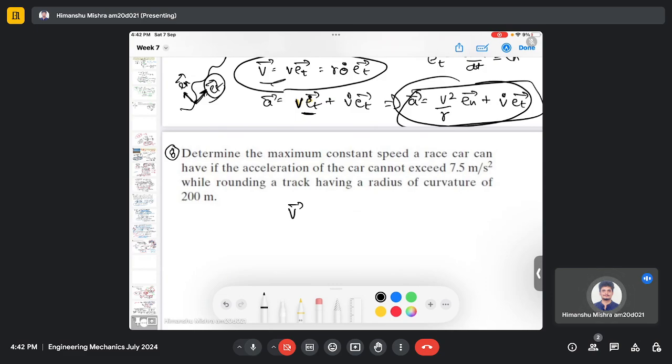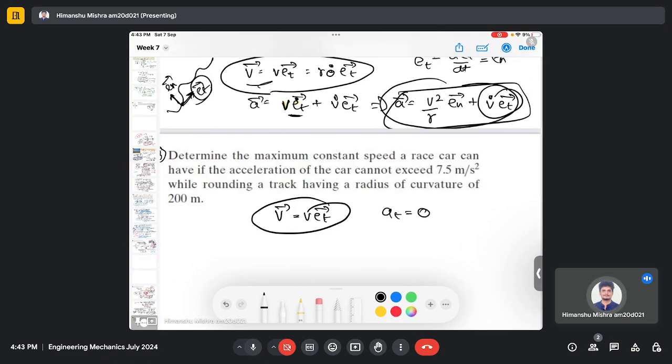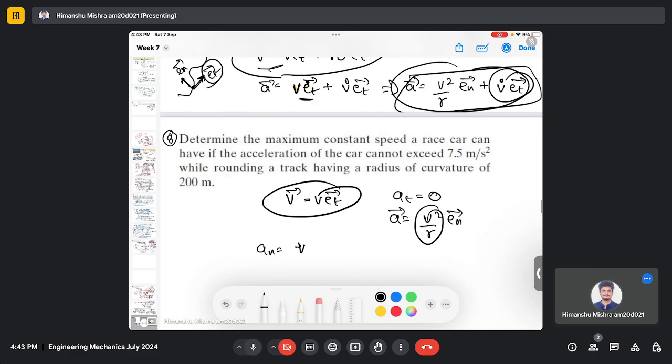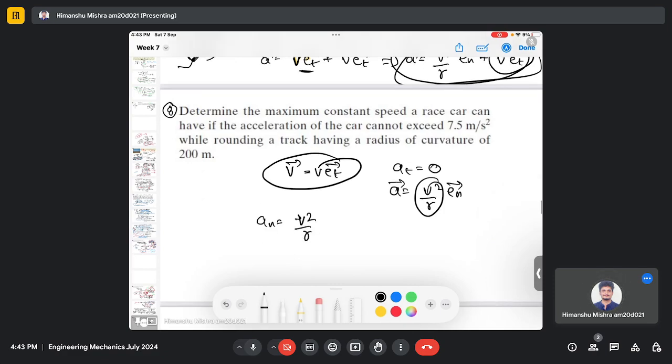my velocity vector is a constant, it is not changing in the tangential direction, which means my tangential acceleration is zero. So basically this part of the acceleration is zero and the only non-zero part we have is the normal component of acceleration. My normal component of acceleration is v squared by r, and the acceleration cannot exceed 7.5.